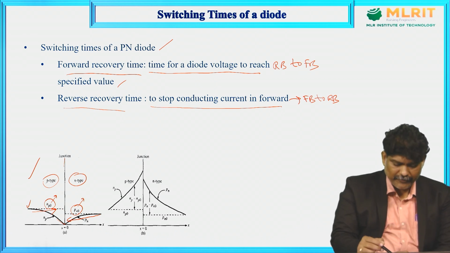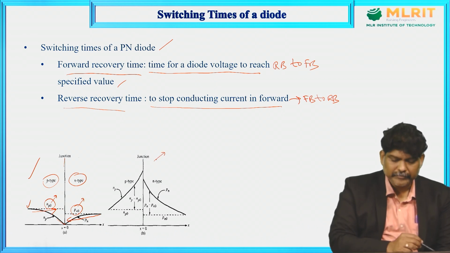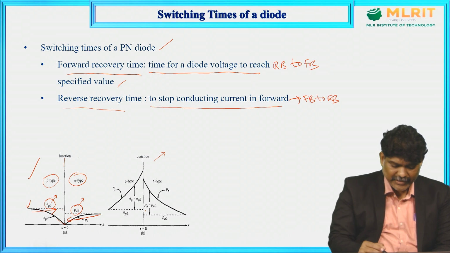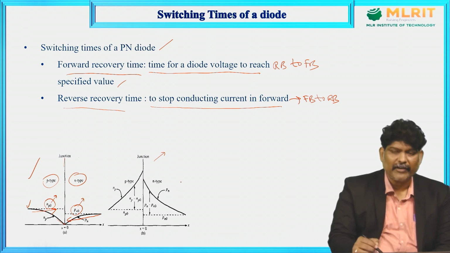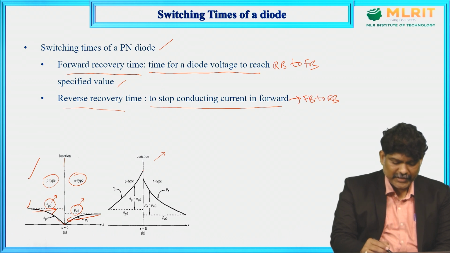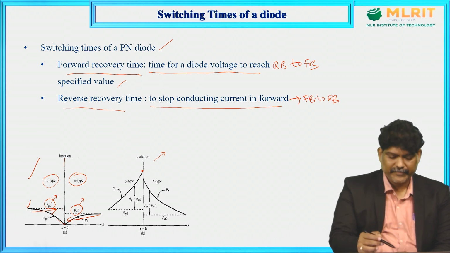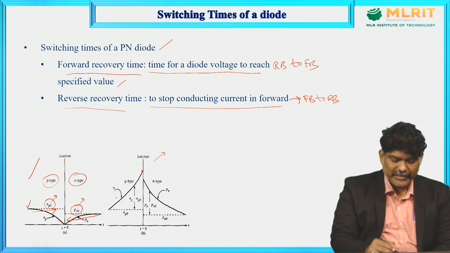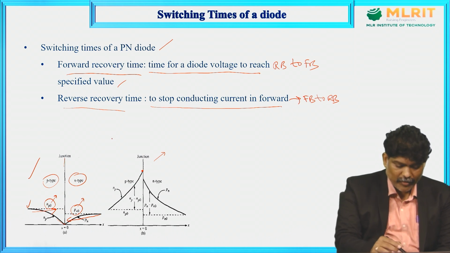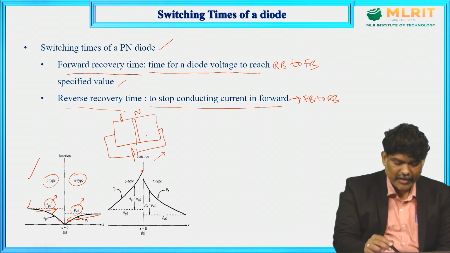So here if you see this second figure, it is in the forward bias. Whenever you apply the forward bias to the junction, let us say a p-type and n-type material, what happens?